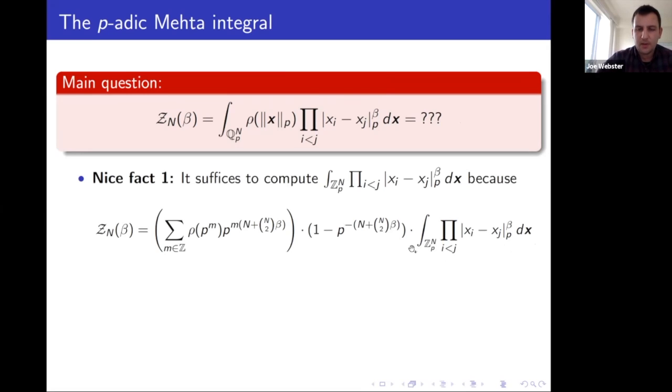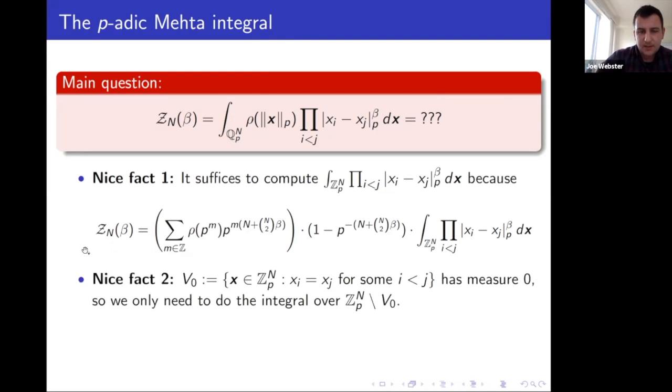I do want to point out that this integral has been done at least in an effective way using resolution of singularities. I'm going to present a different method that allows us to keep track of things a little more explicitly. So really the goal is to compute this integral now. You'll have to work out the details here to believe this identity, but I assure you for the nice kinds of rho that we're using, it does work.